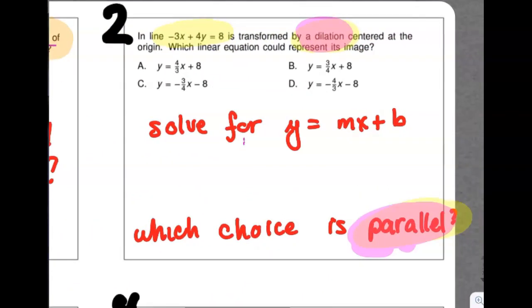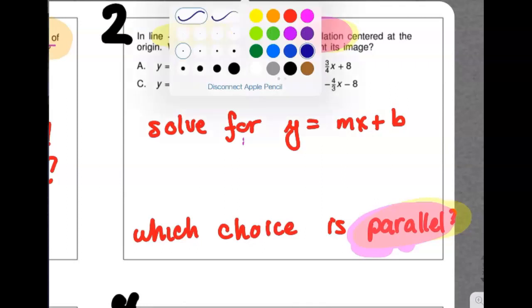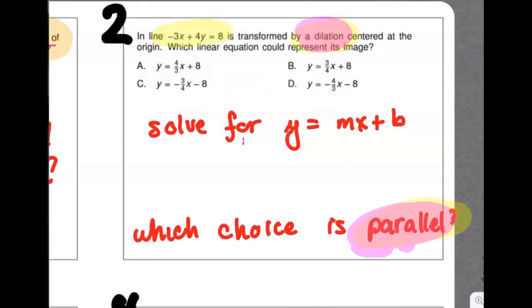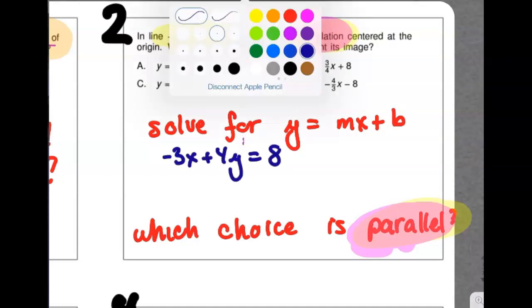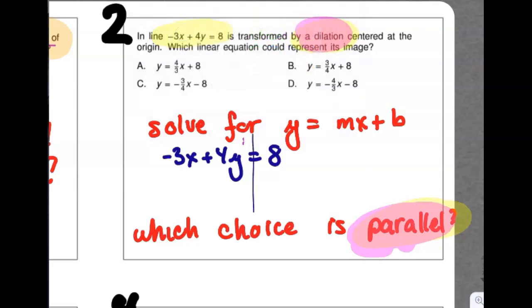Number 2, we have negative 3x plus 4y equals 8. First of all, that's not in y equals mx plus b form, so we will do that first. I'll solve that for y.